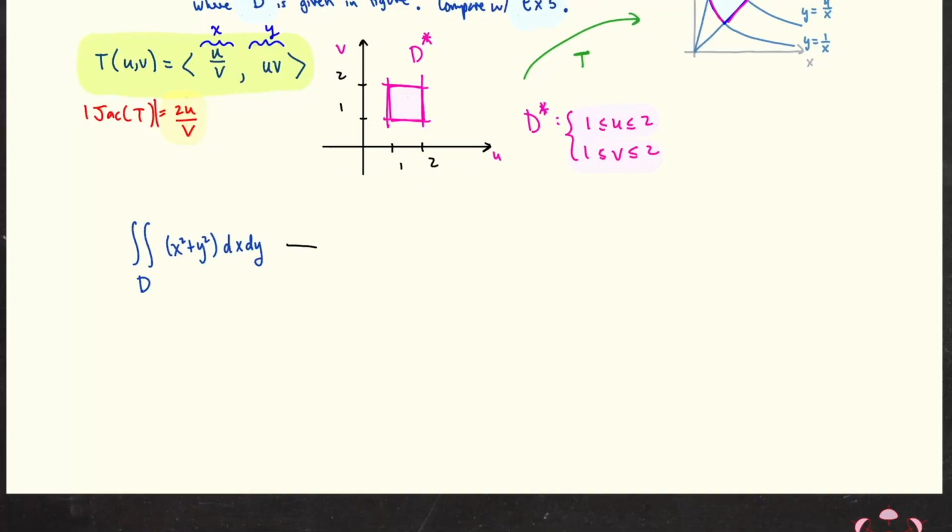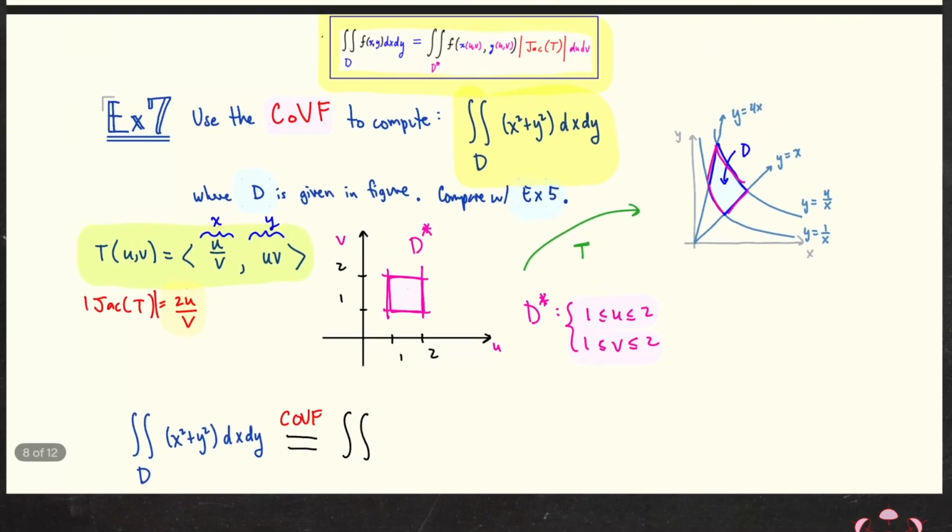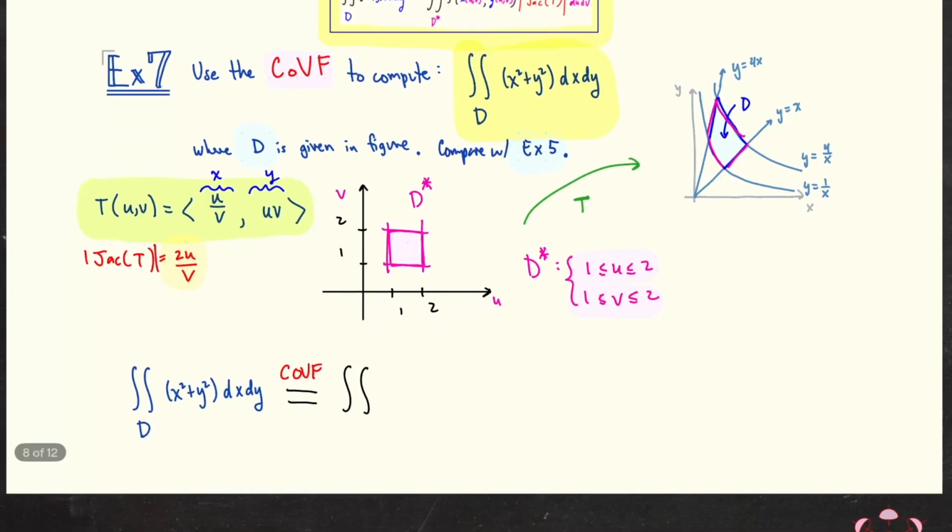The change of variables formula tells us that we can write this as a double integral over D star. Okay, and just take a quick peek at that formula up there. D star. Okay, we do need to change x and y into the new variables u and v, so let's go ahead and do that right now.